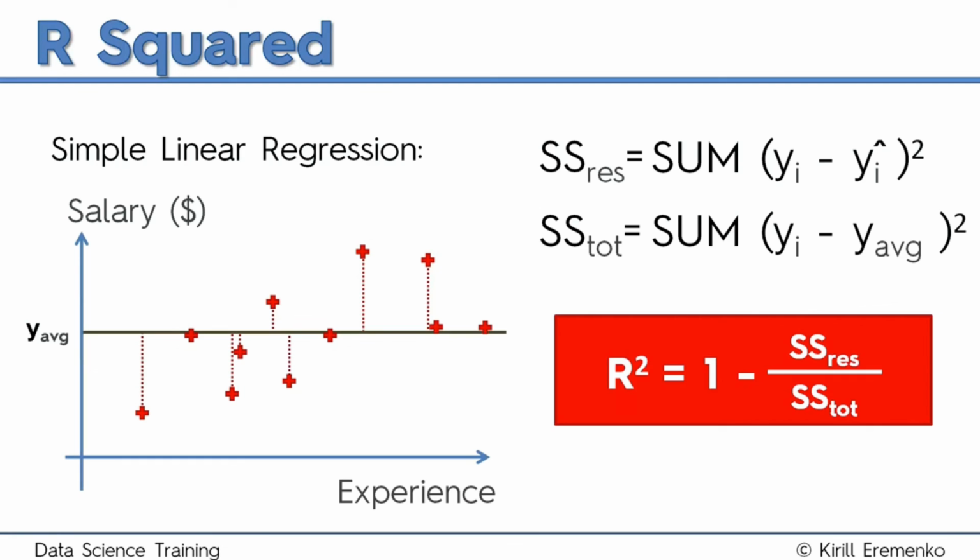It's hard to do, but if you just draw a random line facing the wrong way, so here it would be going downwards, then probably yes, you would get a negative R squared. That means the model is completely broken. It's better to use the average than to use the model. But normally R squared is between 0 and 1, never gets greater than 1, and the closer it is to 1, the better.